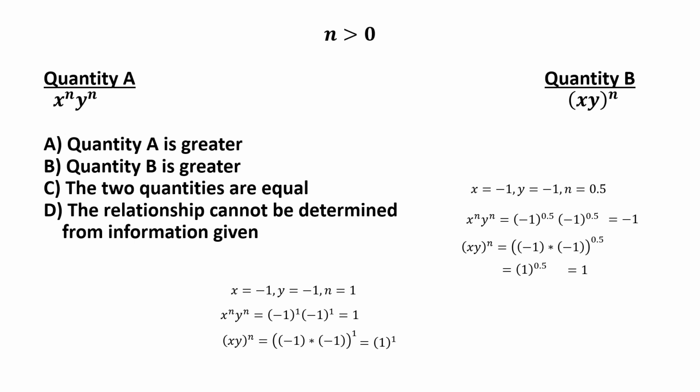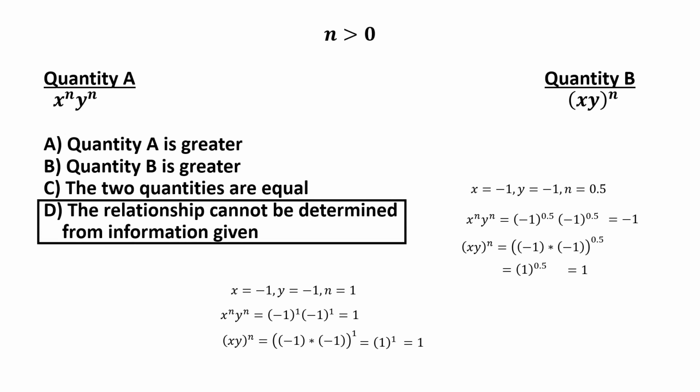So for one set of values of x, y, and n, we have a relationship which shows that these are equal. For another set of values, we have a relationship that shows these two quantities are not equal. So the obvious choice in this case would be option D, the relationship cannot be determined from the information given.